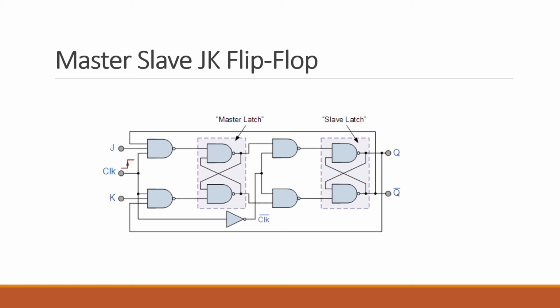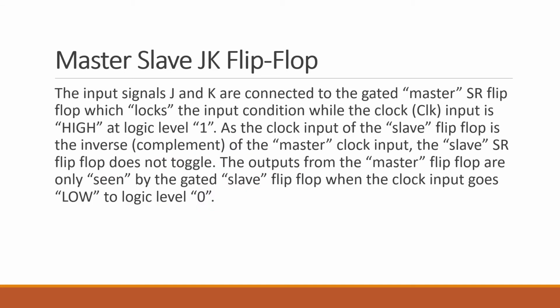The master latch and the slave latch are basically two flip-flops attached in a series configuration, giving the same two outputs Q and Q naught or Q dash, which are the opposite binary values of each other. The input signals J and K are connected to the master flip-flop, which logs the input conditions while the clock input is high or at logic 1.